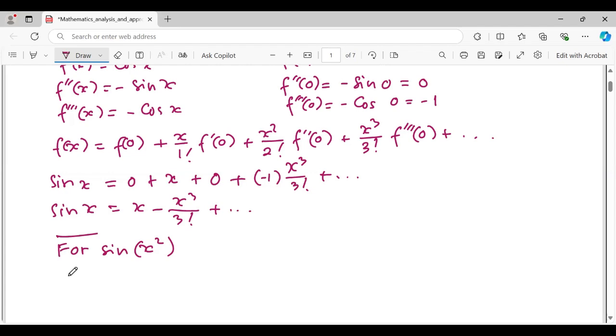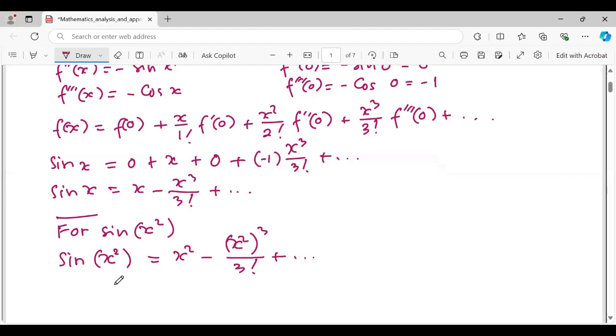So the Maclaurin series of sine x squared becomes x squared minus x squared cubed over 3 factorial plus so on.